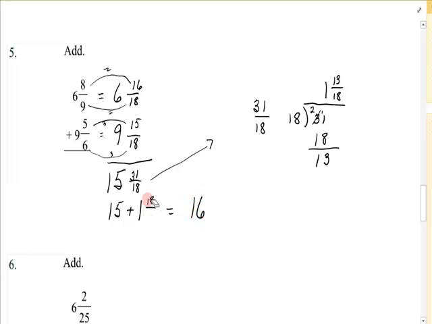I'm so sorry. I was looking at this and not writing it correctly. That gives me 16 and 13/18. So you have to do this process anytime you have a mixed number answer, but the fraction part is improper.